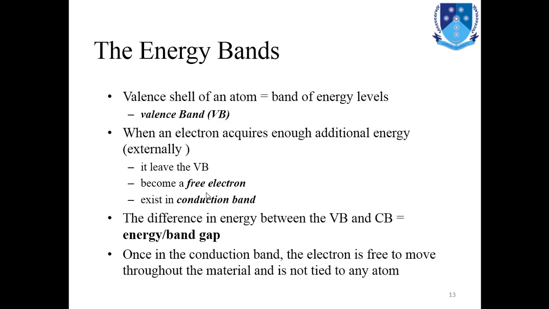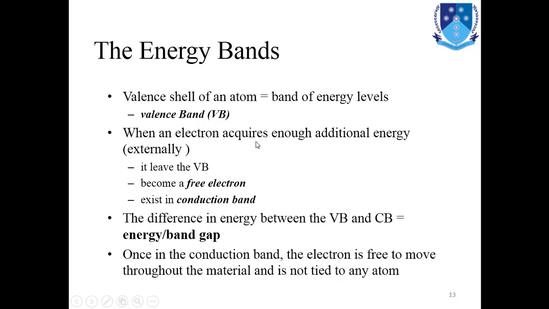The energy bands. As we learned in previous lectures, the valence shell of an atom is also known as an energy band or band of energy levels. Means that we can also call the valence shell the valence band.